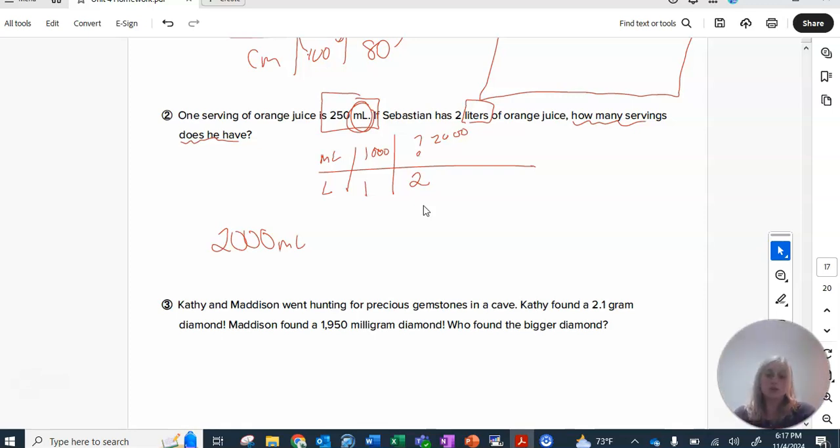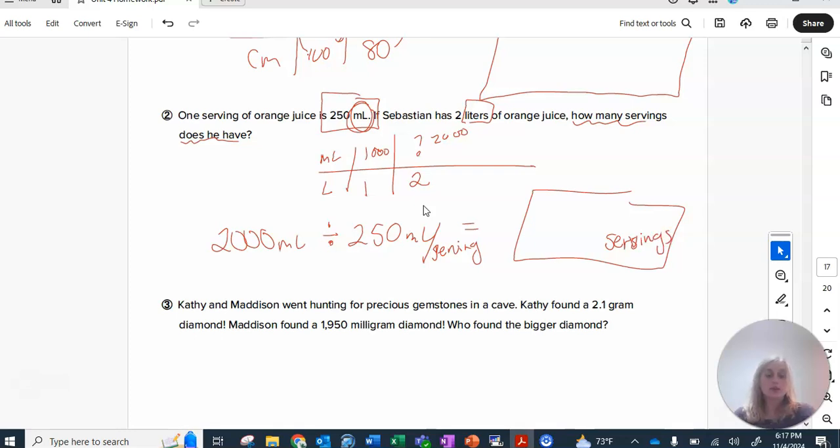That's a division problem. So your final step is 2,000 divided by 250, and that will give you your answer. And your units are not milliliters, because this is milliliters per serving. Your answer units is in servings. Whoa, which does not have another S there. Servings. So whatever number you have, that's how many servings of orange juice, how many people he can give the orange juice to.